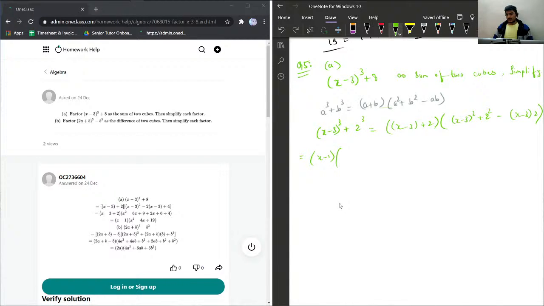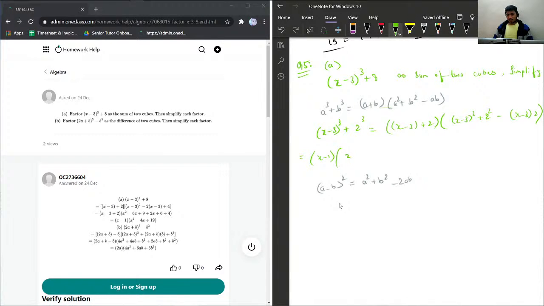I'll just open this using the identity: (a − b)² is a² + b² − 2ab. I'll use this identity to expand this expression.